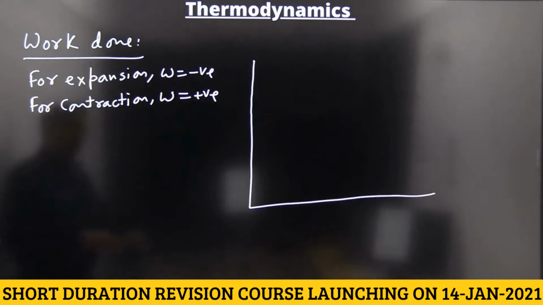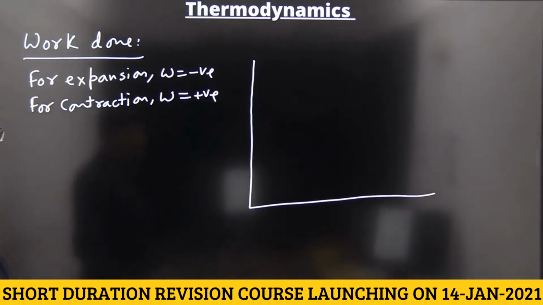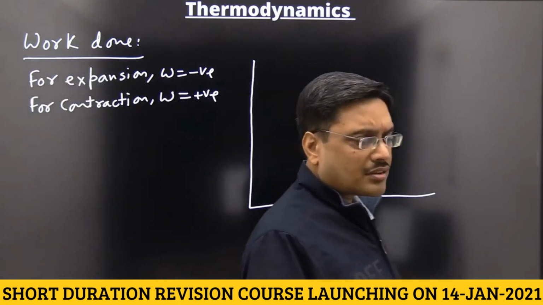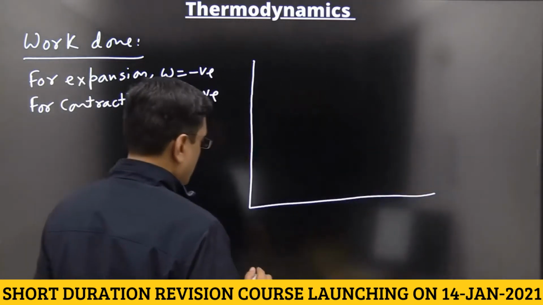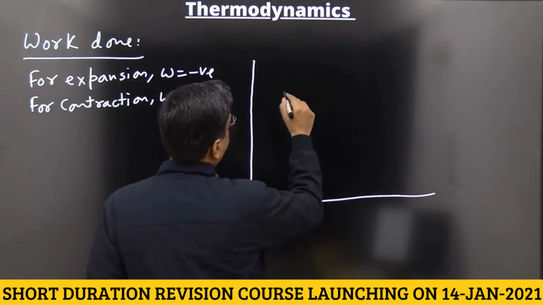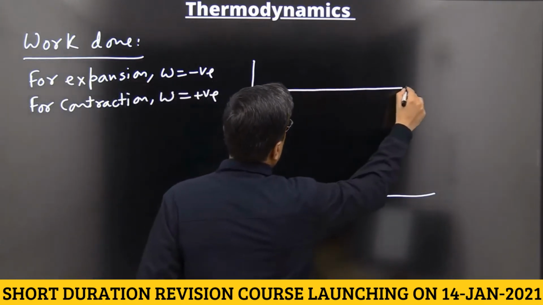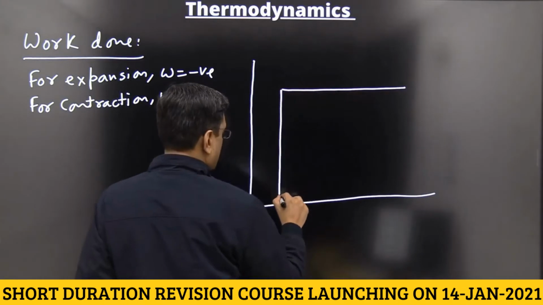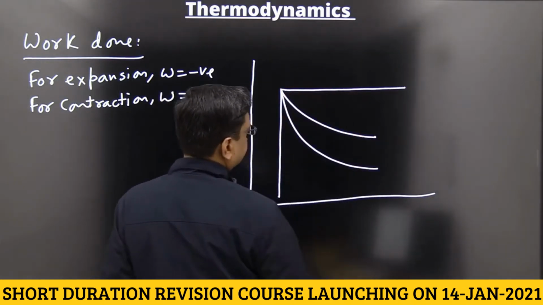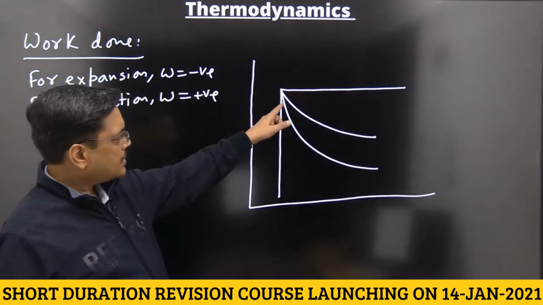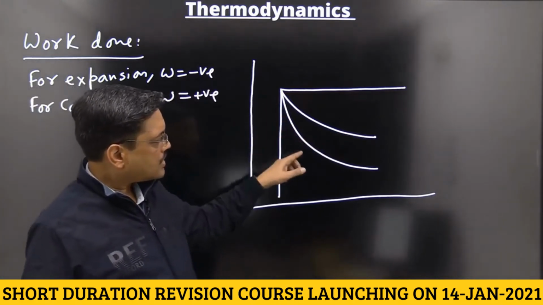Now, we take all the work done, either reversible or irreversible, in one graph. See here, we draw 4 lines: 1, 2, 3, 4. These lines are hyperbolas.